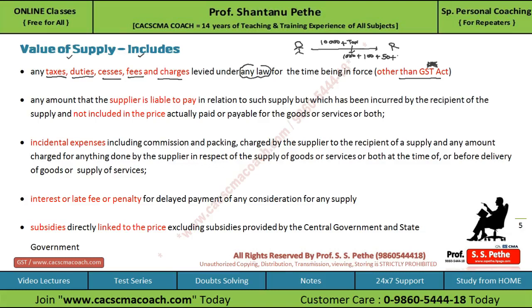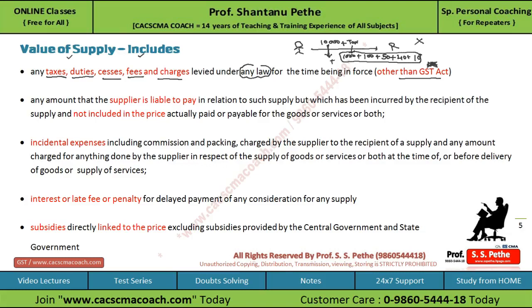Then there is a fee of, let's say, 40 rupees. There are other charges or packing charges or whatever you may name it of 10 rupees. So the consideration here will include all these things plus this 10,000. But the GST payable on that will not be included in the value of supply.